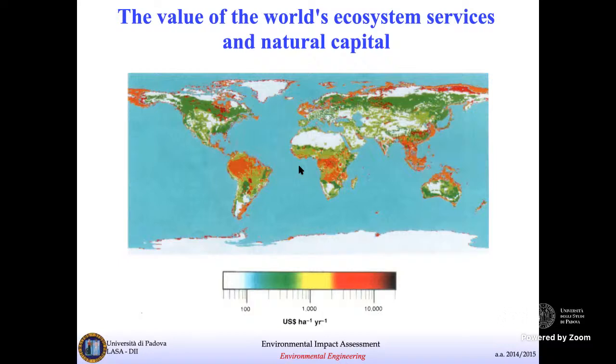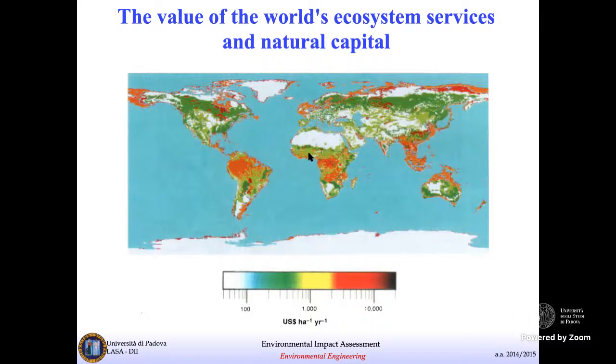So you have the largest biomass production, so the largest capacity for photosynthesis. So then trapping CO2 and converting solar energy into biomass, while the lowest parts are in the desertic area, like the northern part of Africa, in which the natural capital is very low.